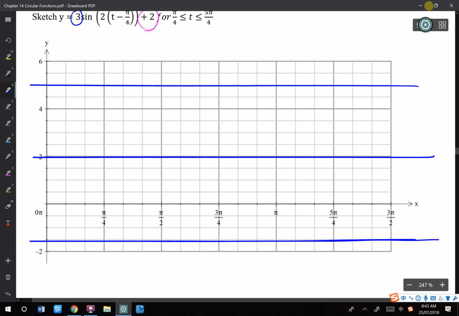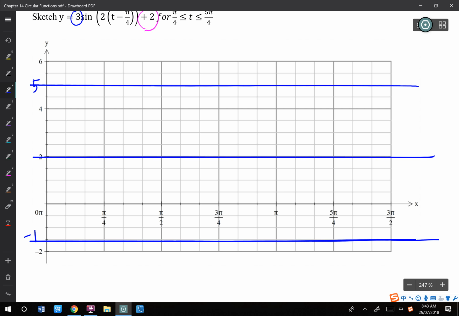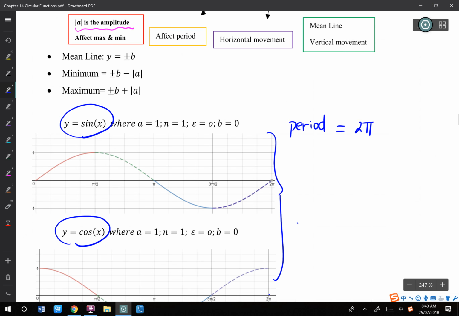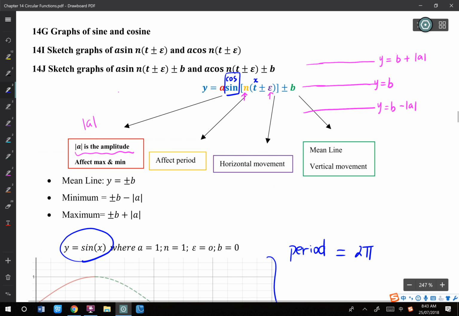Okay, so I have 2 here, 5 here, and -1 here. My graph will be only in between those 3 lines. That's the first step you do when you see any sine or cosine graph.